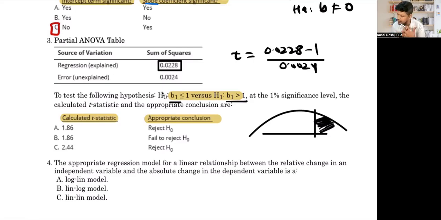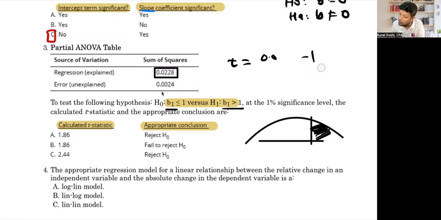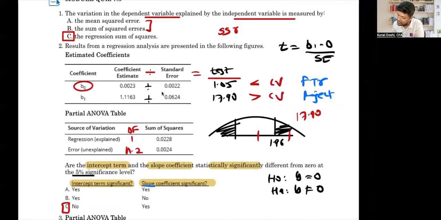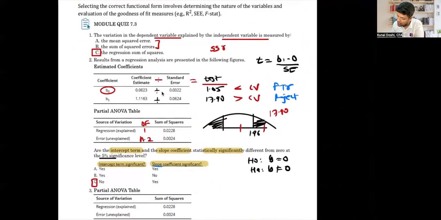What are we missing here? First of all, these are sums of squares. We need to convert this into the mean, the average. So how do I do the average, guys? It's based on the table information here, okay?